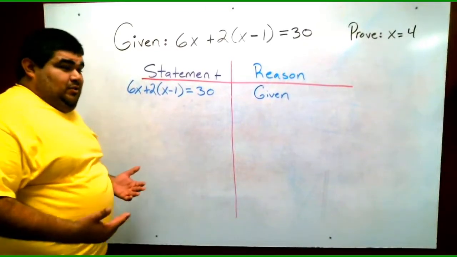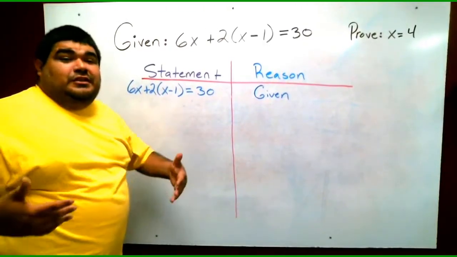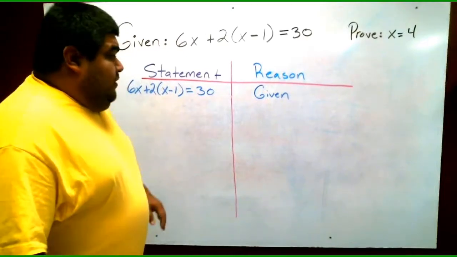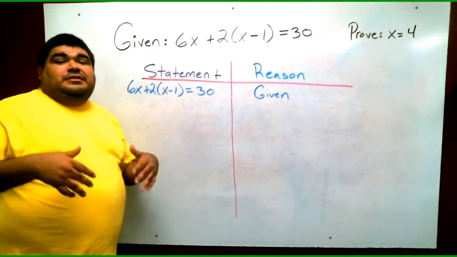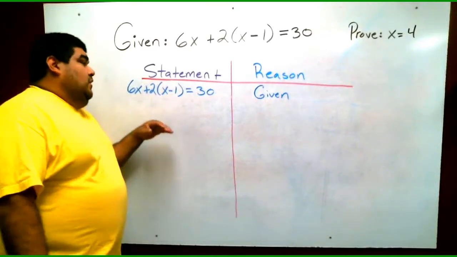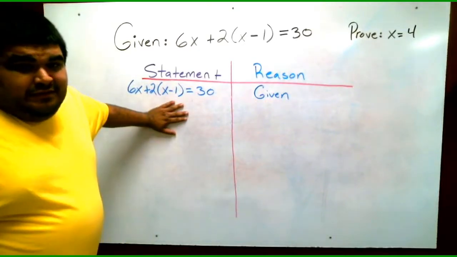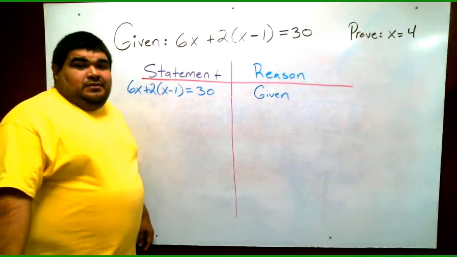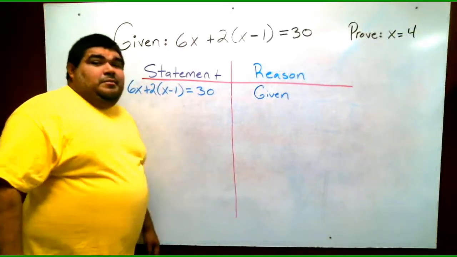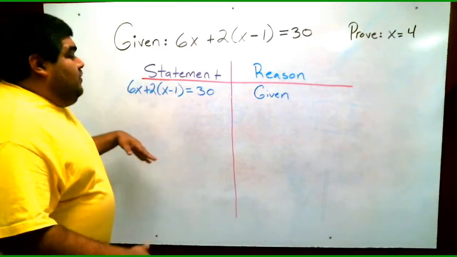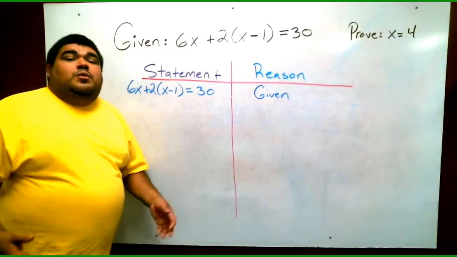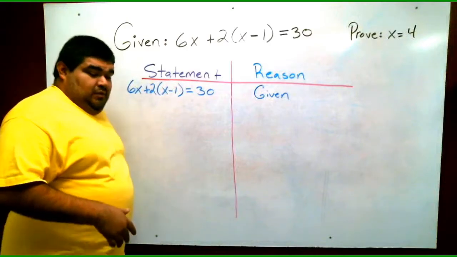Once we have the equation, the first thing to do is, notice we have a parenthesis in here. According to PEMDAS, it's parentheses, exponents, so on and so on, right? So we have a parenthesis, we have to get rid of it. We have a 2 next to the variable with the number inside the parentheses. The only logical thing to do is we have to distribute the 2, okay?